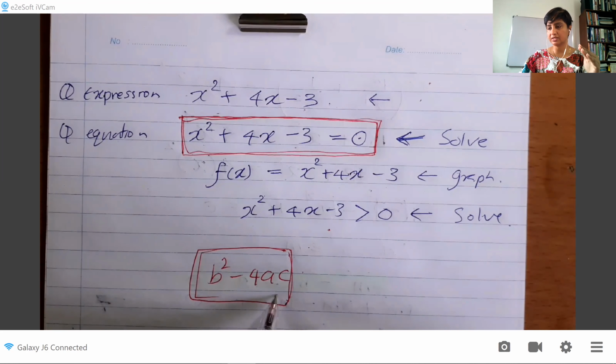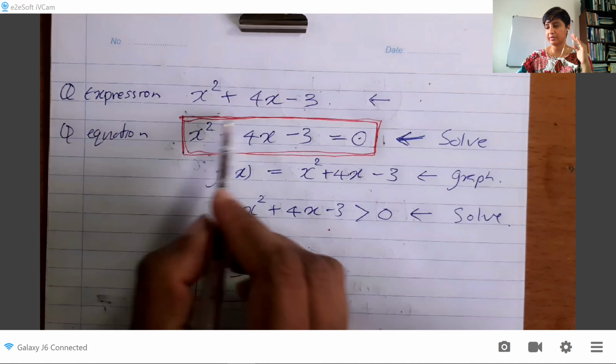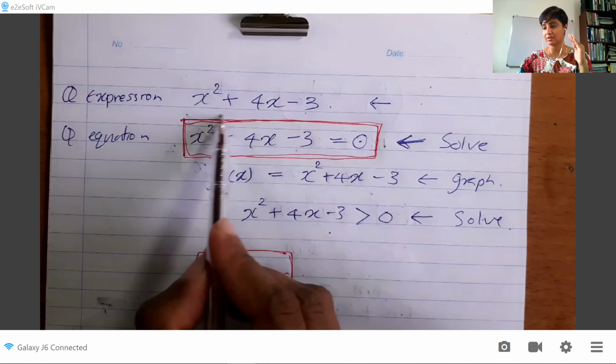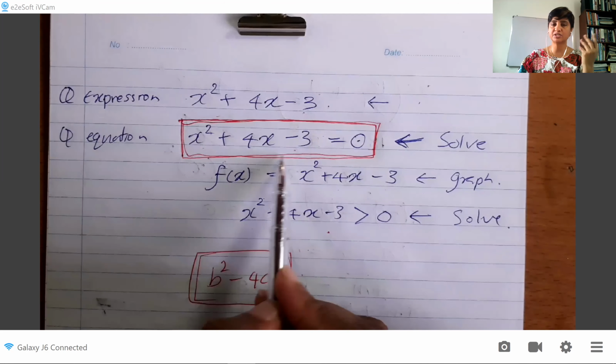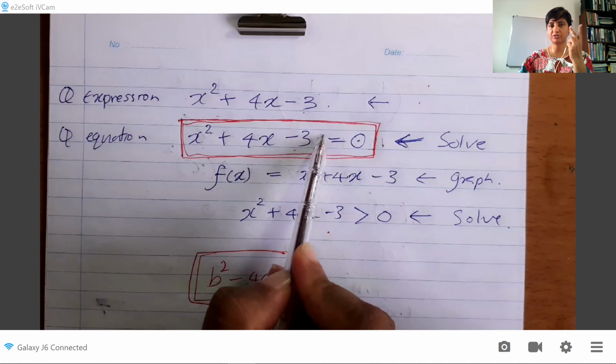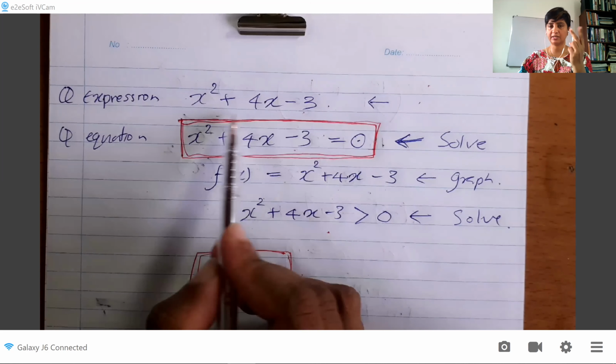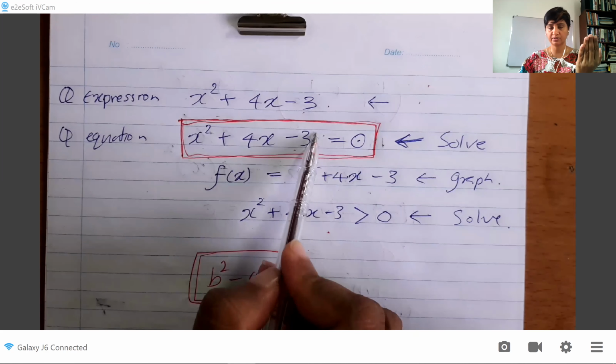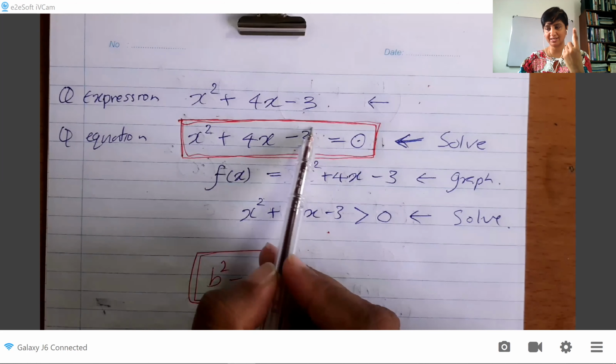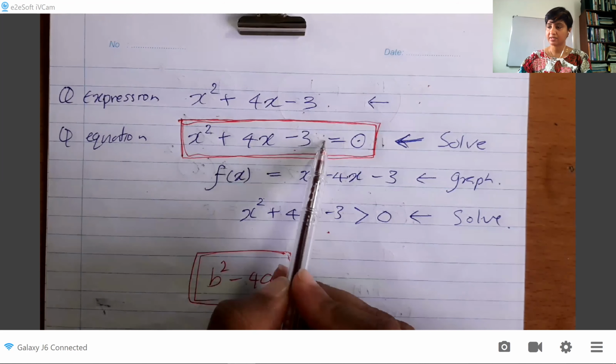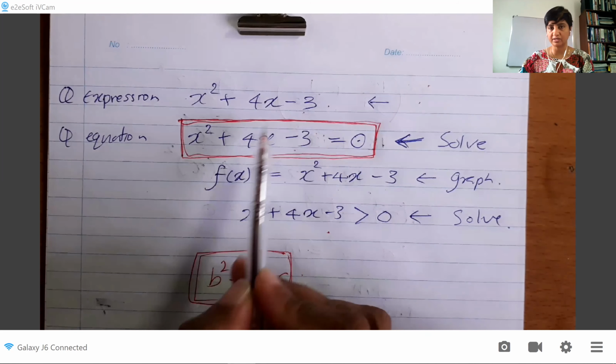If the discriminant of this expression in the equation is greater than 0, you will have 2 solutions. If it is equal to 0, it will have 1 solution, a repeated solution. If it is negative, this equation will not have any real solutions.